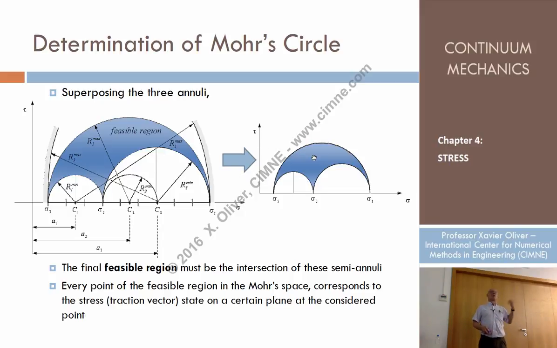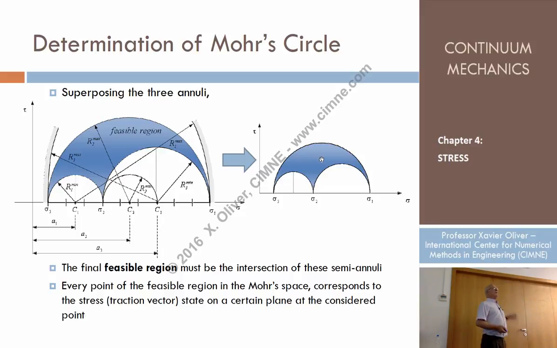So they are representative of a certain plane, the traction vector in a certain plane passing through the point. Okay? So finally, we found that this is very useful because all tractions, possible tractions in all planes, are somehow represented by points here, and any points here are representative of a certain existing plane in the point. So questions can be now answered very fast by looking at that.